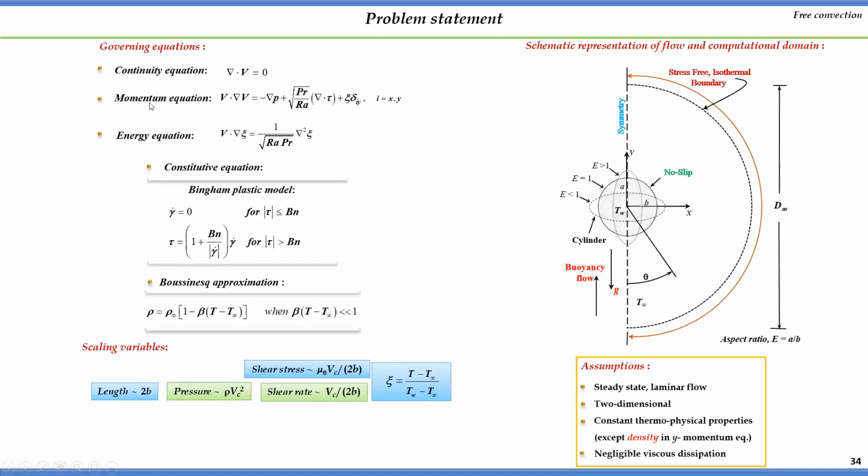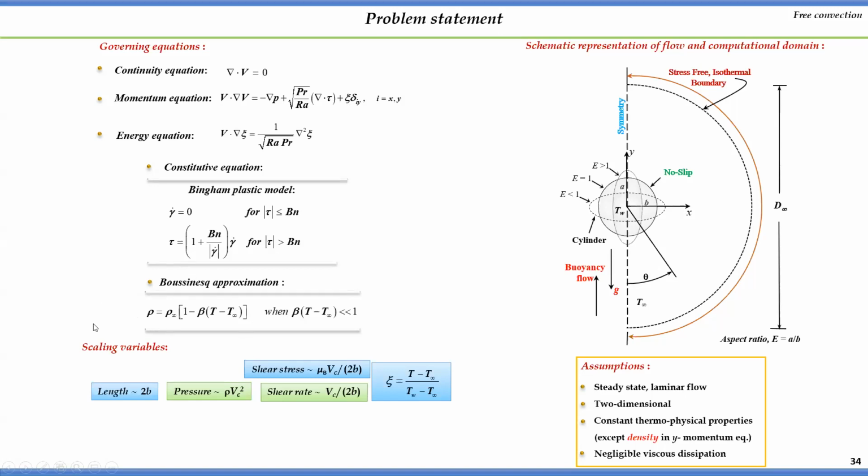So here in your momentum equation, we have to incorporate this body force, and this body force will take care of this variation of density with temperature. This is called the Boussinesq approximation, and we know that this buoyancy force acts only in the y direction. So this term will appear in the equation in the y component, and the limitation of this approximation is what?